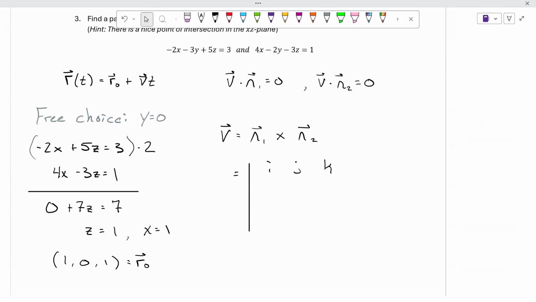I'll put n1 across the next row. So how about negative 2, negative 3, 5? And 4, negative 2, 3.